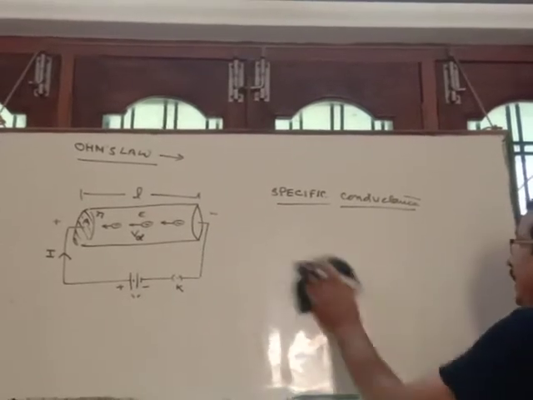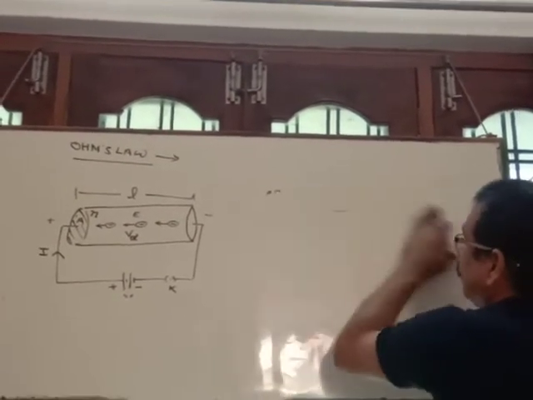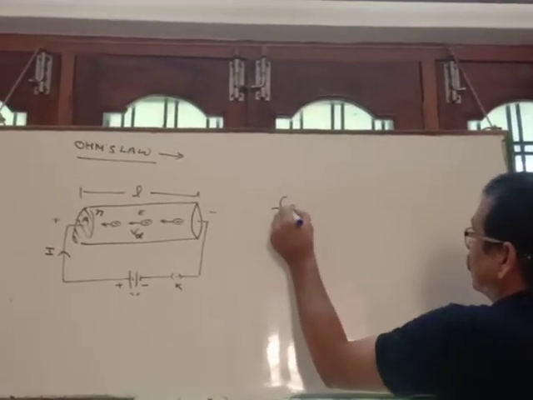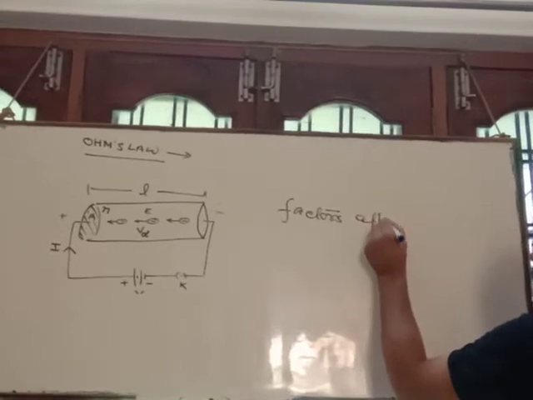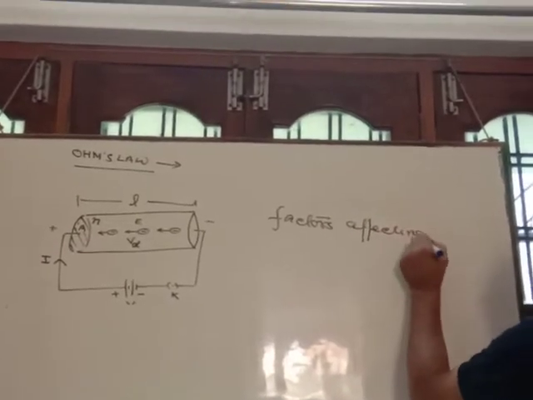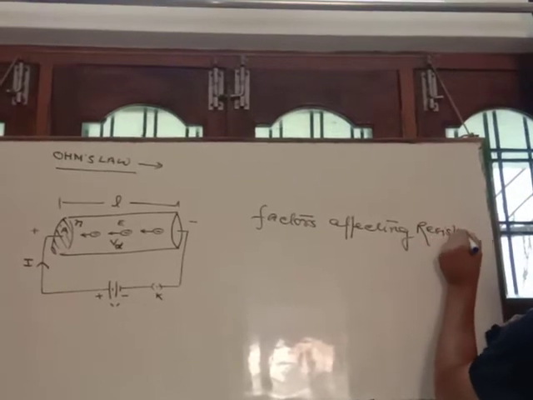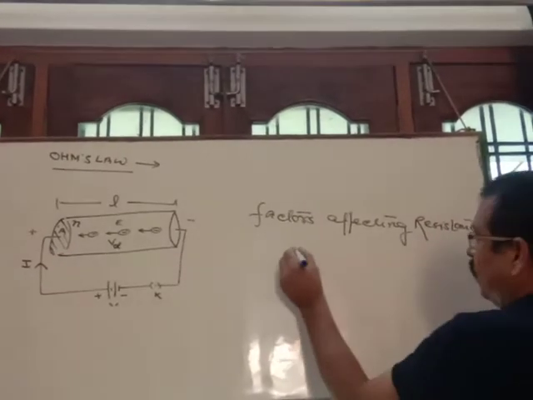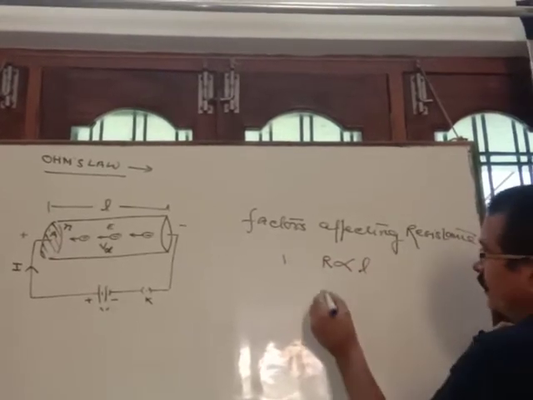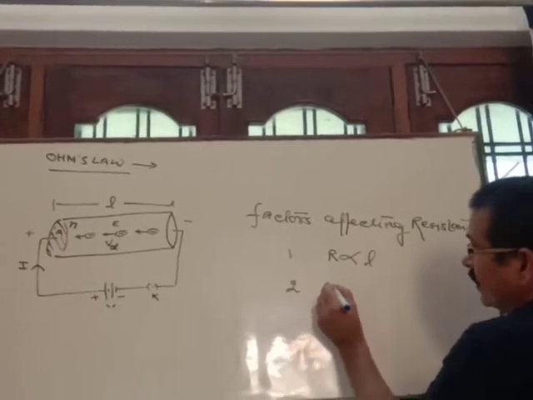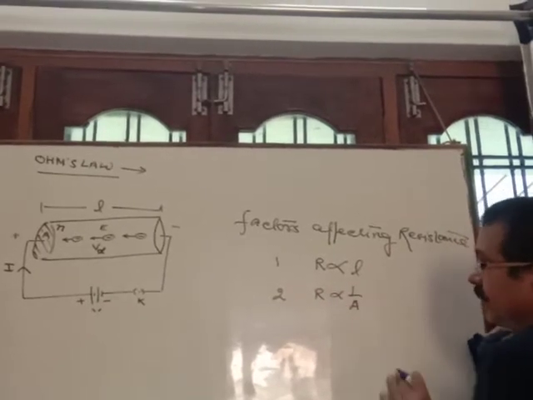Factors affecting resistance. Number 1, length of conductor, R is directly proportional to length. Number 2, area of cross section of the conductor, that is, R is inversely proportional to the area of cross section of the conductor.